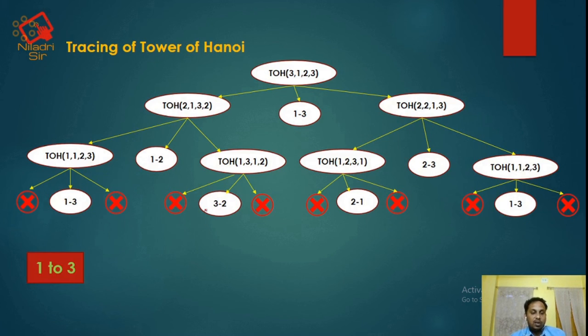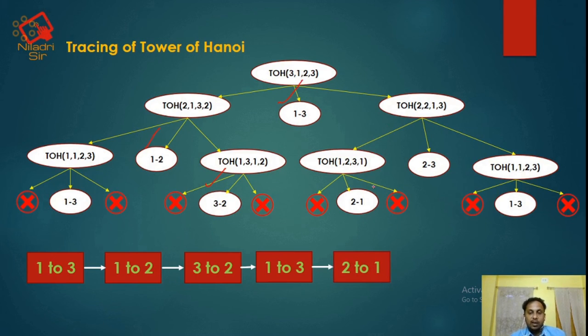So 1 to 3 first, then 1 to 2, after that 3 to 2, after that 1 to 3, after that 2 to 1, after that 2 to 3, and the last one is 1 to 3. Okay, so these are the steps.